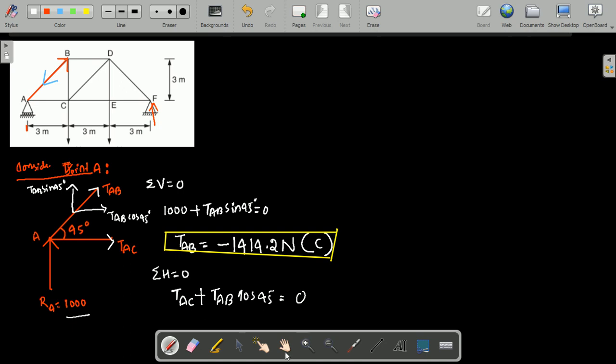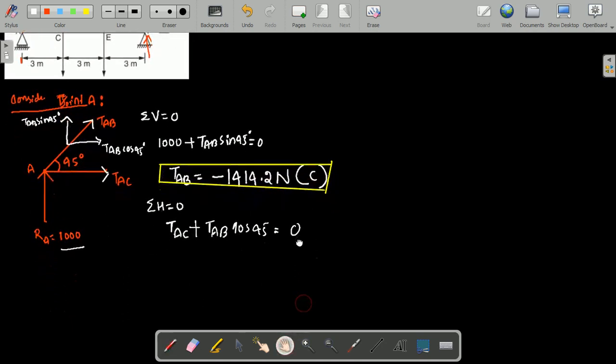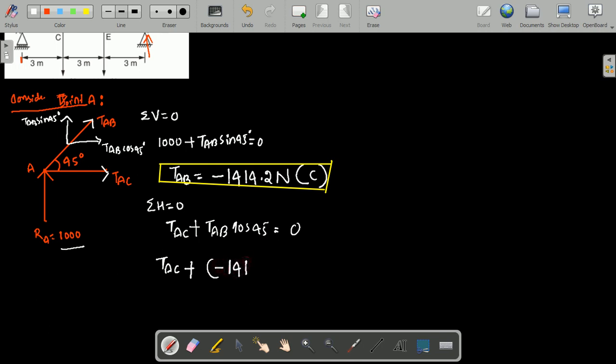Clear? So now this is very important. You observe TAB is a negative value here. So what you need to do: TAC plus TAB, which is minus 1414.2, into cos 45 is equal to 0.